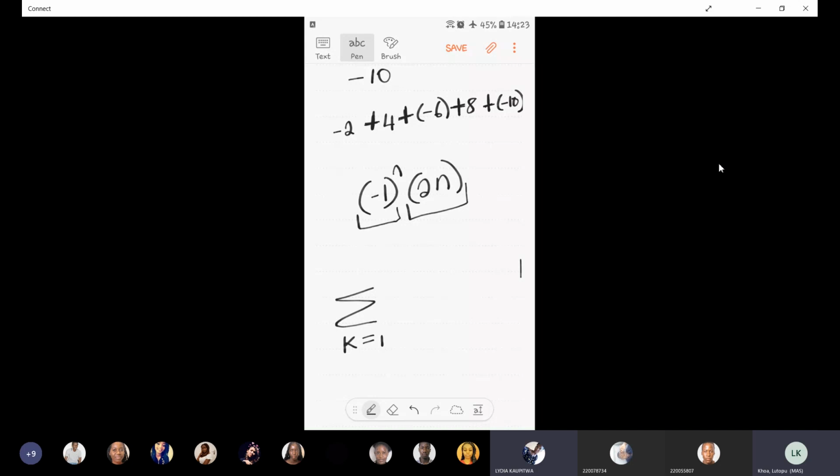Okay, she says the end point is 5. Then what formula am I going to put over there? The formula of -1 to the power n times 2n. Okay, she says this. Is this correct?